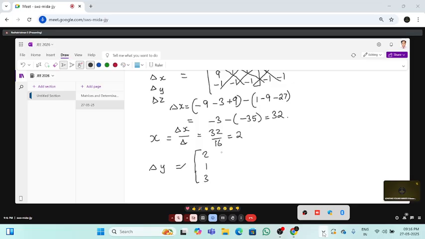Second column gets substituted: 9, 9, minus 1. Third column: minus 1, 1, minus 1. So this determinant we want to evaluate.